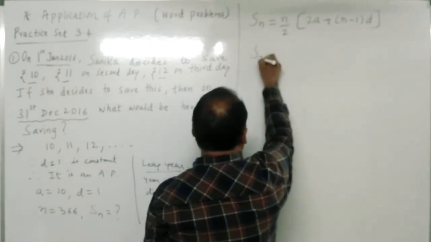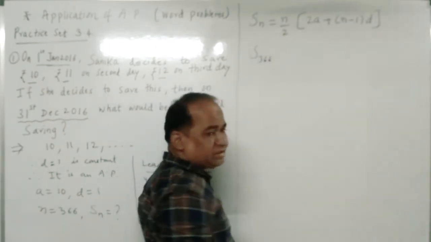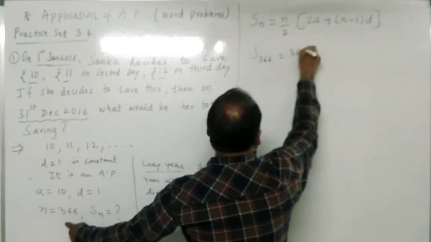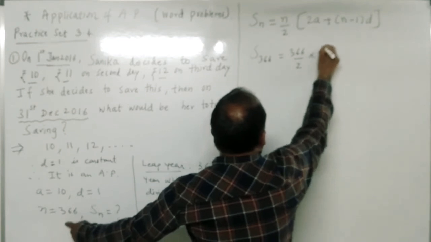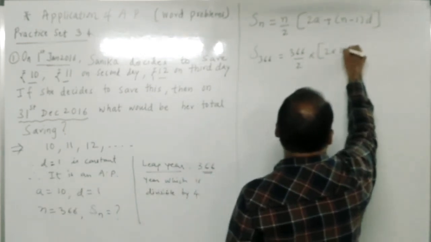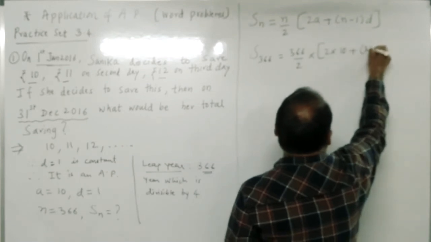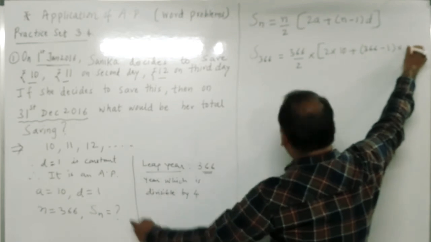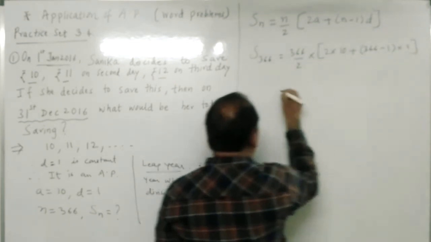So S_366, n is equal to 366, is equal to 366 upon 2 in the bracket 2 into a, a is 10, the first term, plus 366 minus 1 into d, d is also 1, the common difference.